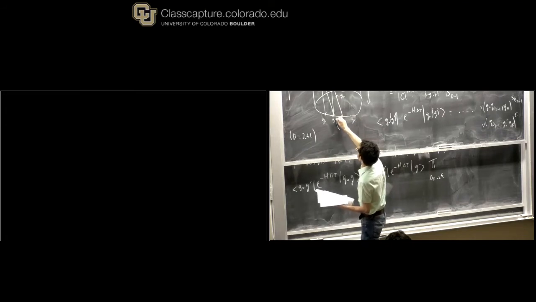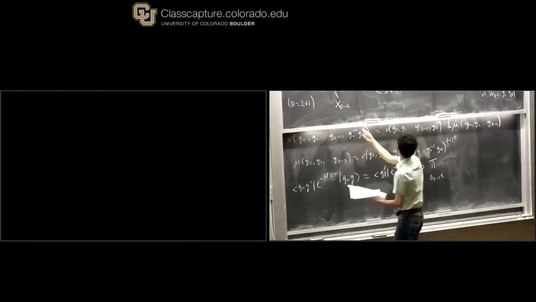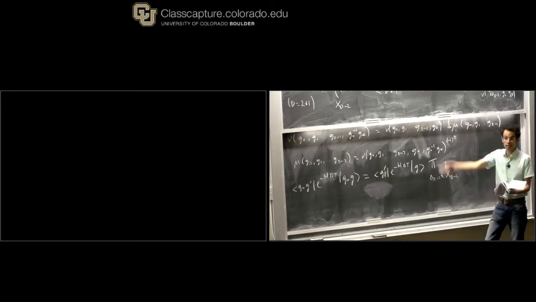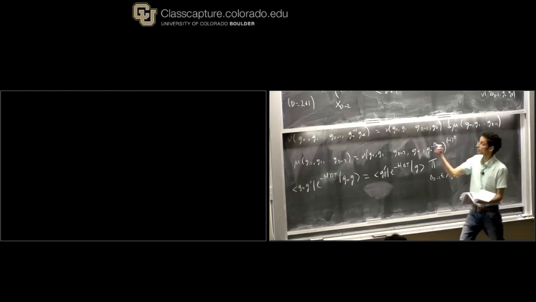Let me call just the spatial piece of the boundary, let me call that x d minus 2. So the boundary as a space-time is d minus 1 dimensional. The spatial part of the boundary is just d minus 2 dimensional, right?